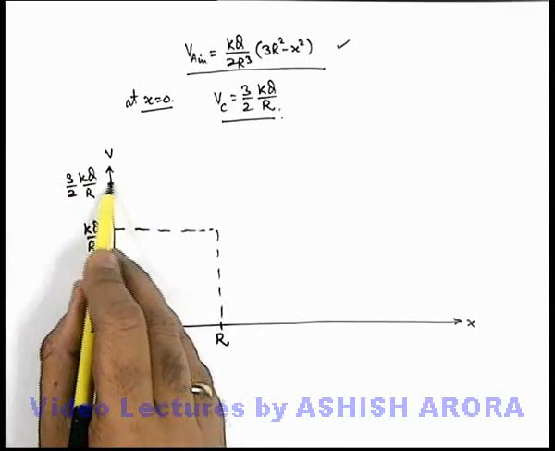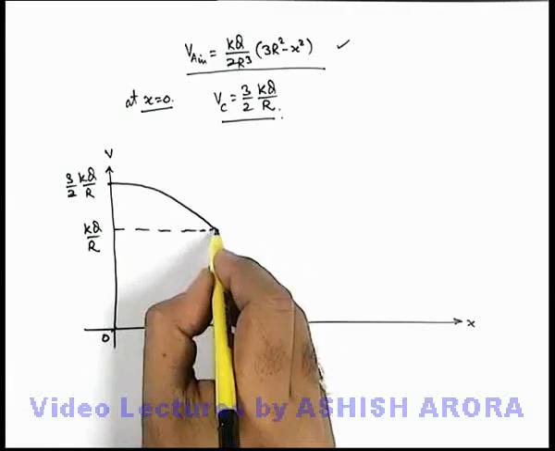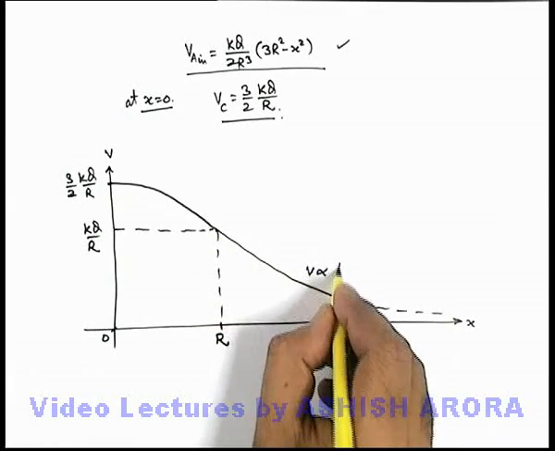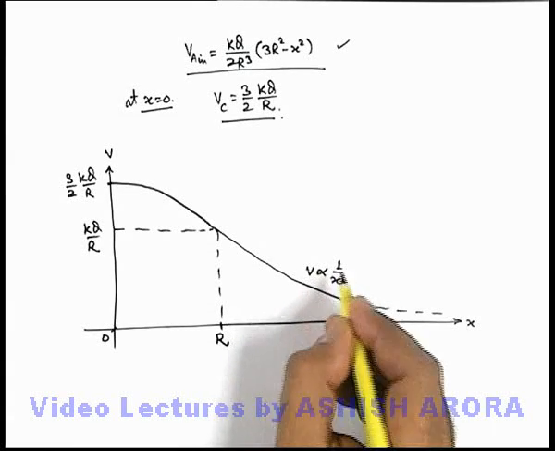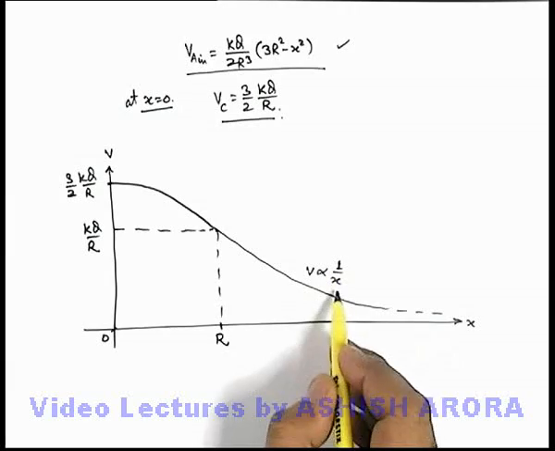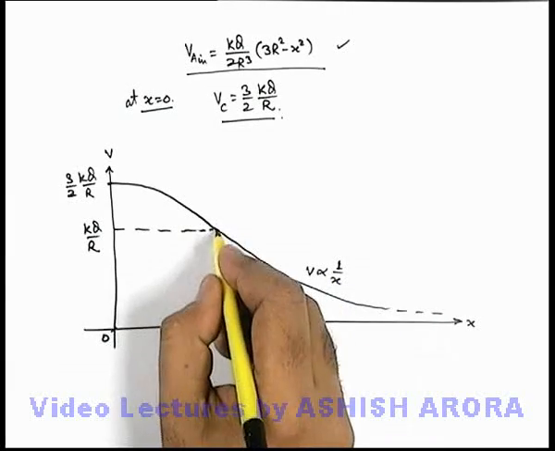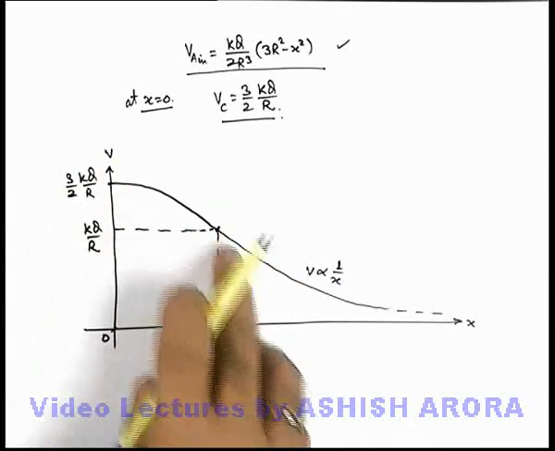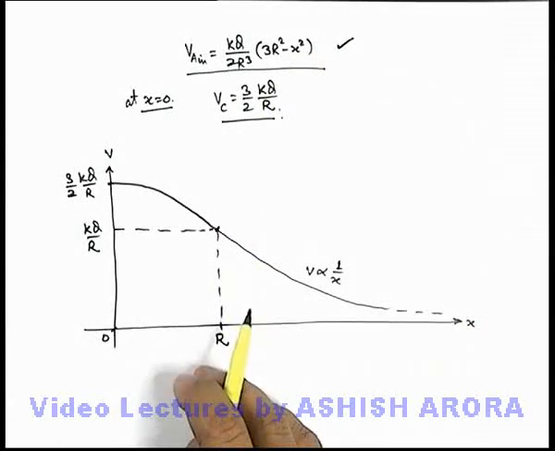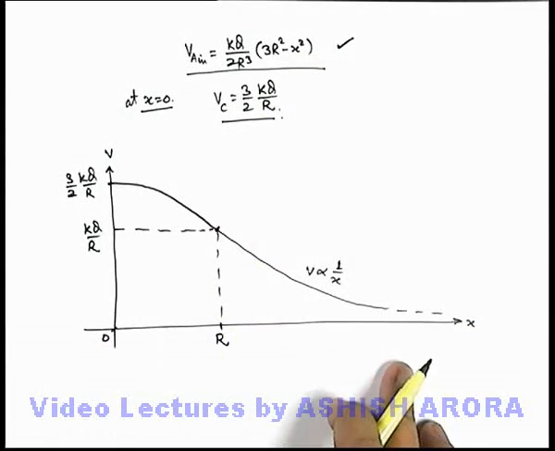So the curve will look approximately of this shape, and in the outer region it will move on the same as for a metal sphere or a hollow sphere, where V varies inversely with the position. Only in the interior region it will have such a shape. So this is the variation curve of potential with position in the case of a solid uniformly charged sphere.